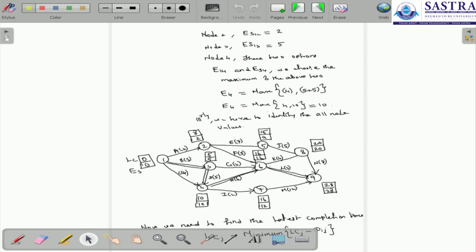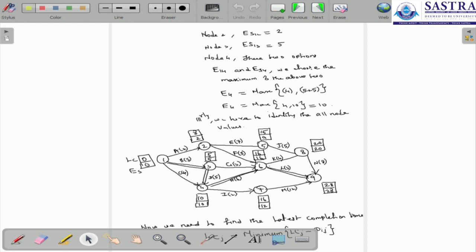From node 6, the latest completion activity, there are two options. We can choose the minimum: 28 minus 3, and 20 minus 4. We can choose the minimum, which is 16.